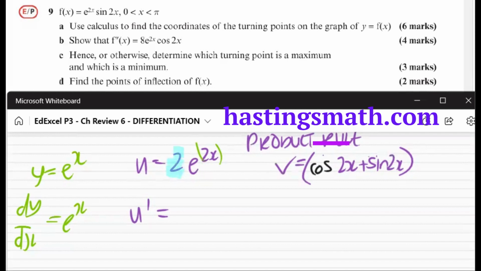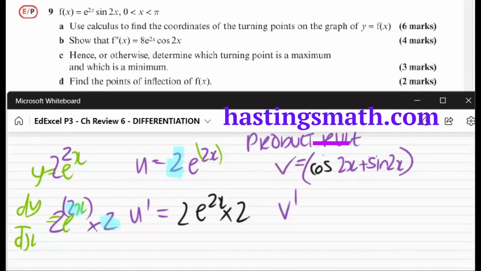For example, if we had 2 e to the power of x, it would still be 2 e to the power of x. But we've got 2 e to the power of 2x. So we need to take the first derivative of what's inside the bracket. The first derivative of 2x is just 2, see how the chain rule is affected there. So we end up with 2 e to the power of 2x times 2.